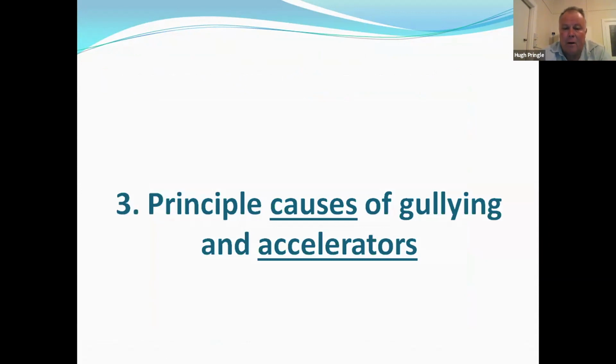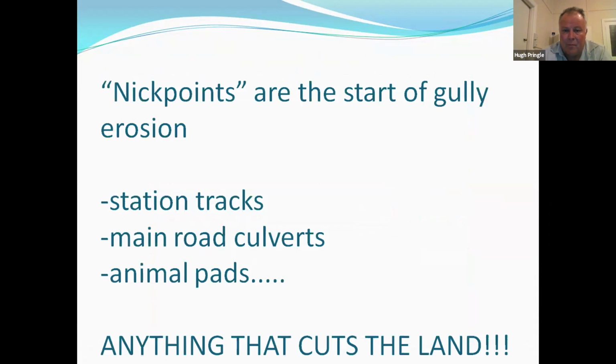I'll talk briefly now about causes of gullying as opposed to accelerators. Many people think of gullies as being caused by excessive flow. That is the accelerator pedal. It is not usually the start of the gully system.